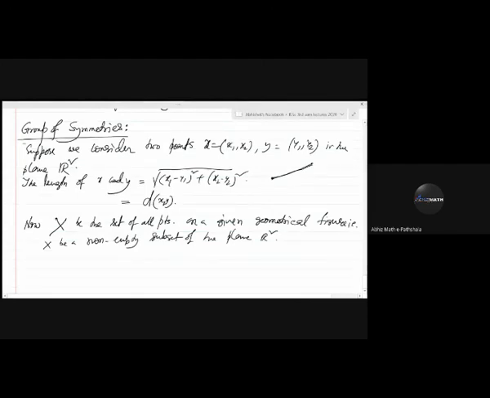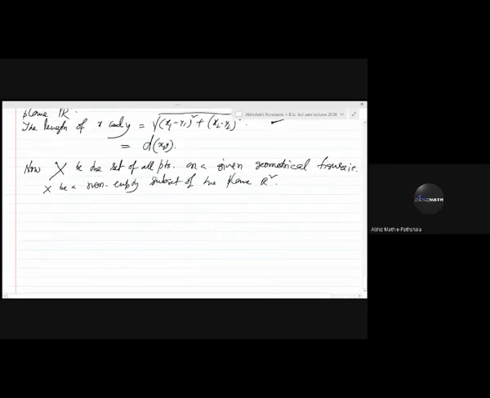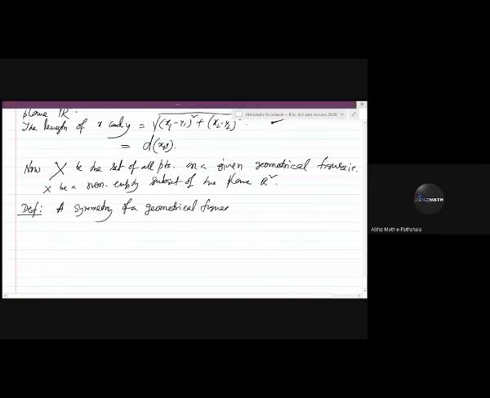Okay. Now what does it mean by a symmetry? The definition: a symmetry of a geometrical figure X is nothing but a bijection.